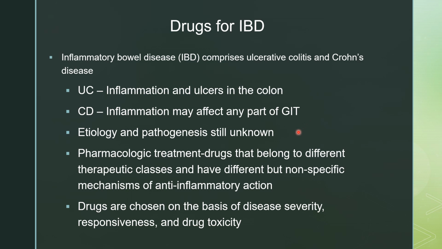However, with these 2 conditions, the etiology and the pathogenesis are still unknown. So for pharmacologic treatment, drugs that belong to different therapeutic classes have different non-specific mechanisms or anti-inflammatory action. We choose drugs on the basis of disease severity, responsiveness, and the consideration of drug toxicity.